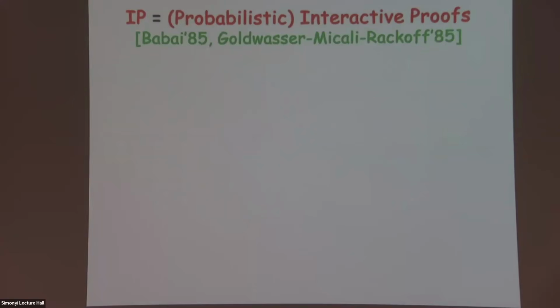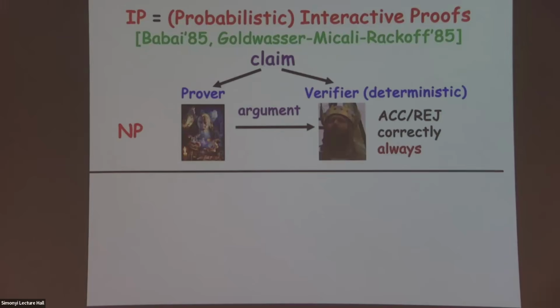So from the 80s, motivated partly by cryptography, the second paper, and group theory, the first paper, people came up with other notions of proof systems. And this is what IP, or probabilistic interactive proof, is. So I want to show you by analogy to NP. In NP, you should think now of proof systems as having two parties, a prover and a verifier.